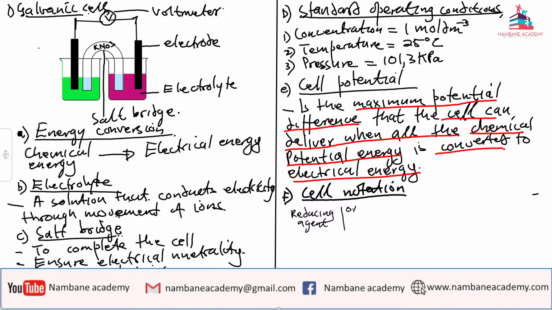our oxidized species will explain now, have a salt bridge, have now the oxidizing agent. Hence it is important now to identify which one is oxidizing agent and which one is reducing agent.